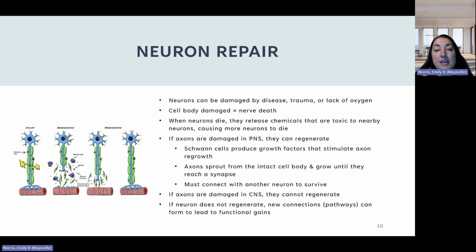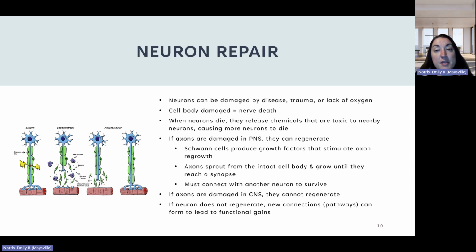If an axon is damaged in the peripheral nervous system, it may be able to regenerate. The way it regenerates, the Schwann cells produce that growth factor, stimulate the axon regrowth. The axons sprout from the intact cell body and go down until they reach a synapse.